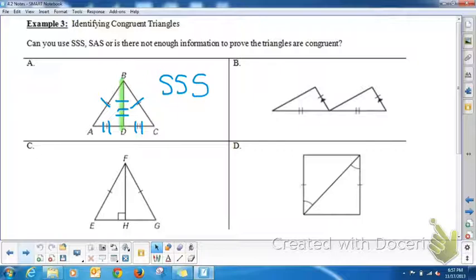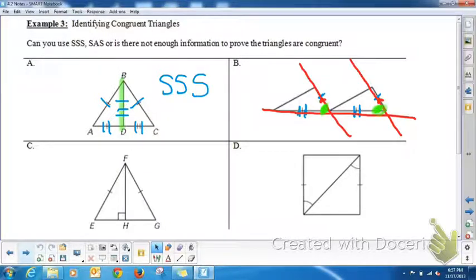Let's take a look at B. We're given here that this side is congruent to this side and that this side is congruent to this side. Well, we're given two sides, but we're also given something else. These arrows, remember, indicate that these two lines are parallel. And so they are parallel lines cut by a transversal. And therefore, what do you know about this angle and this angle?